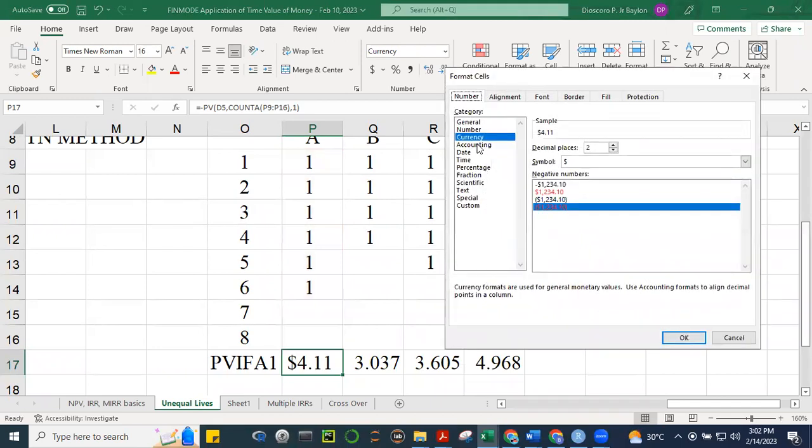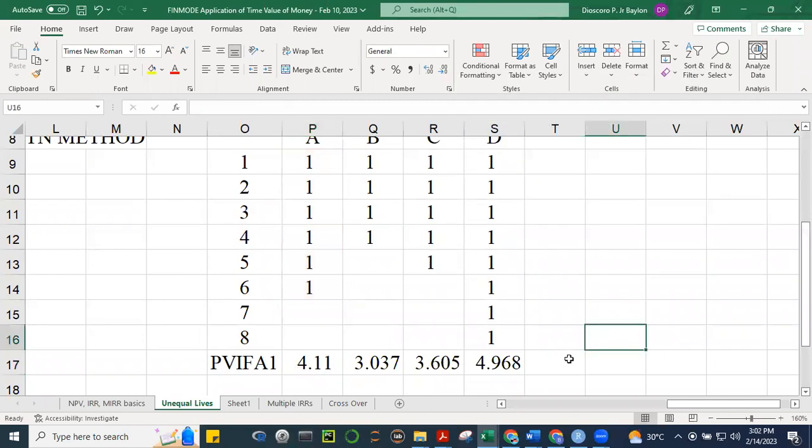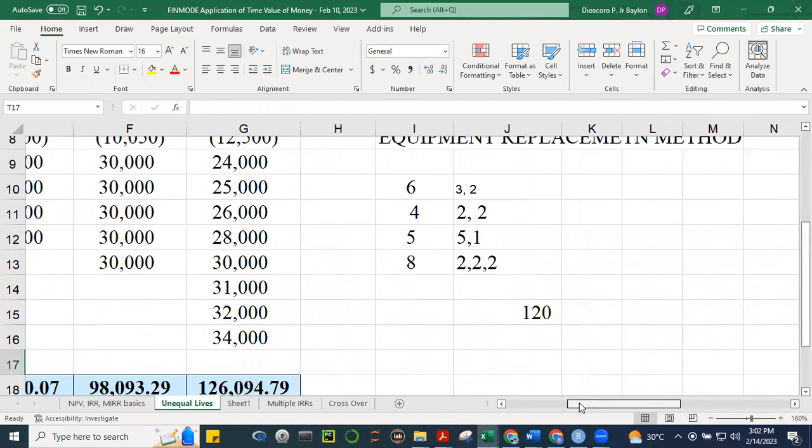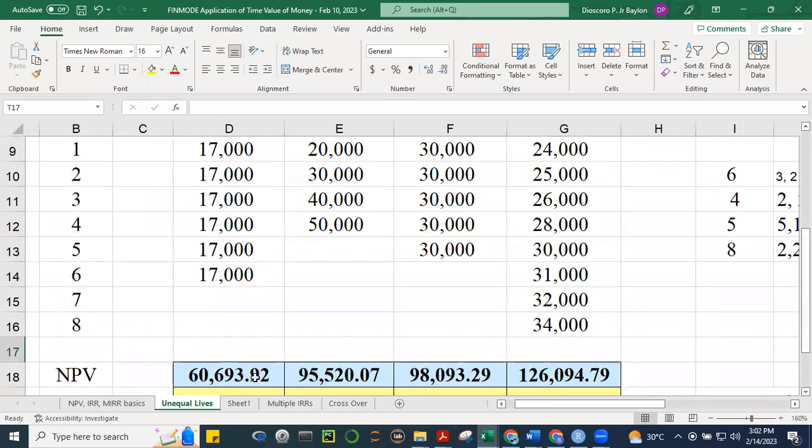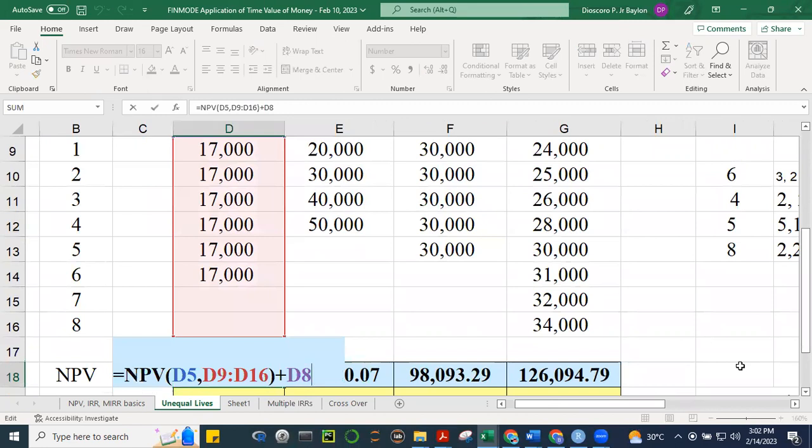Hello. Yes. Can I see the previous example, sir? What's the previous example? The NPV? Oh yes, this one, the NPV, sir.